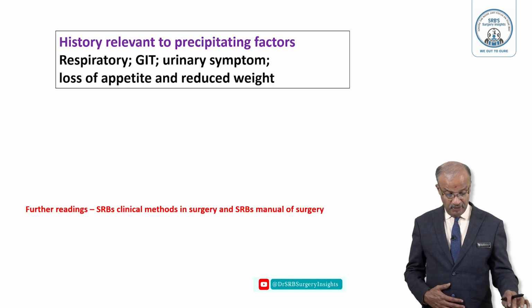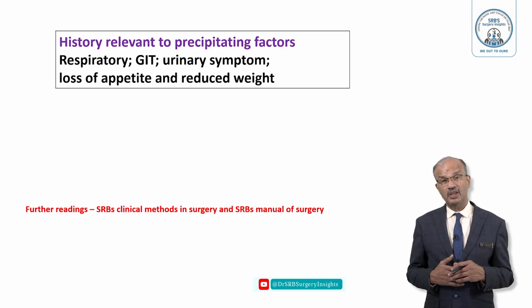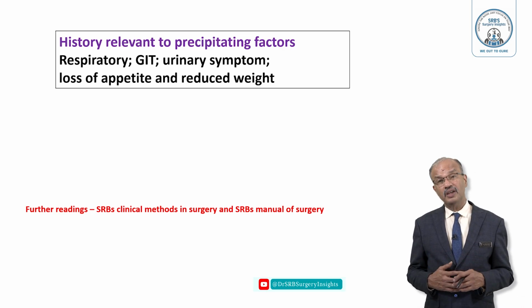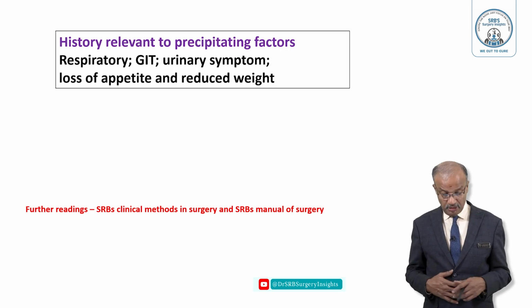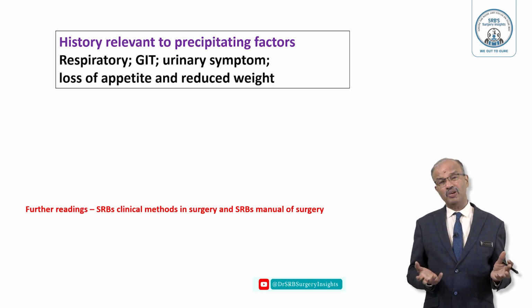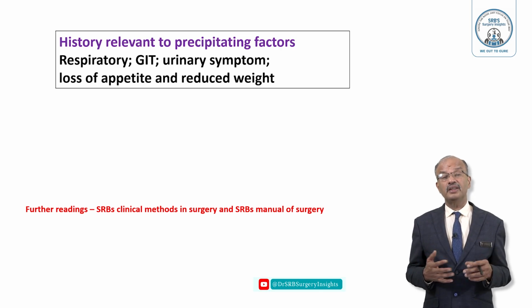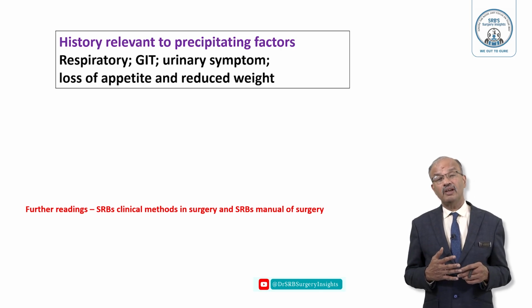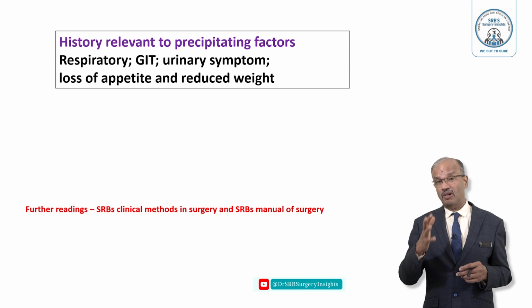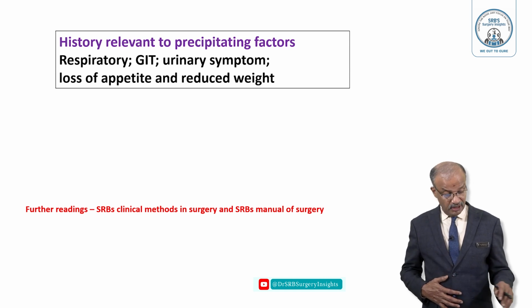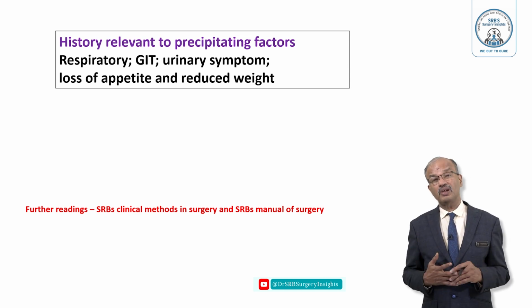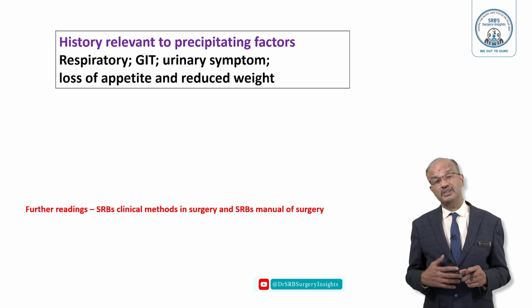And history relevant to present factors: respiratory, cough, tuberculosis, smoking; GI, habitual constipation, and other things. All these raise the intraabdominal pressure. It's the main causative factor for developing especially inguinal hernia, as already told. Loss of appetite and sudden reduction in weight weaken the abdominal wall muscles and groin muscles and cause hernia.